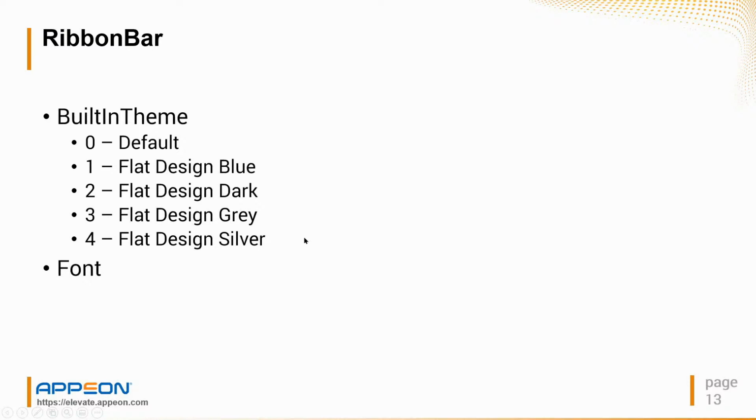Also, there's a font property for the RibbonBar control for all the text that displays in it. It has a font name property. That's what you specify in the JSON or XML. However, if you decide to modify it at runtime, you actually use the face name and font char set properties instead of the font name.